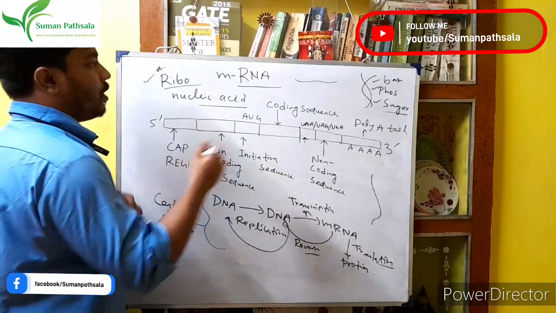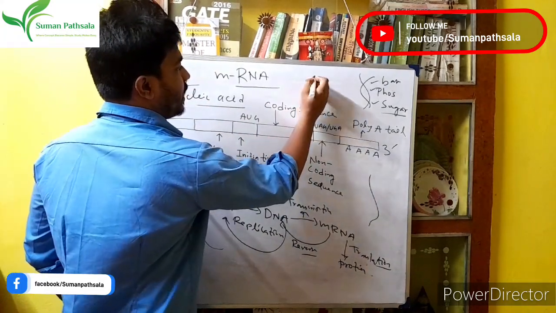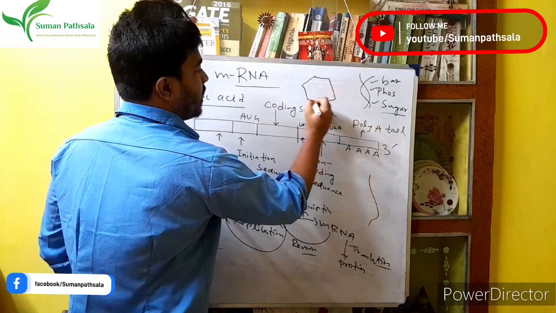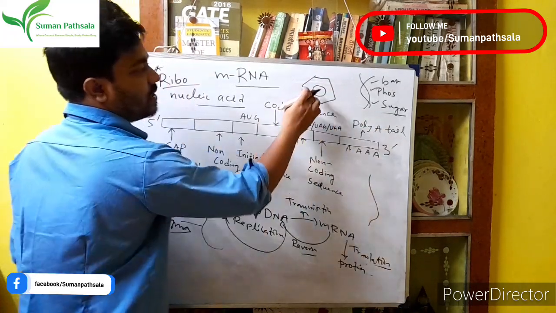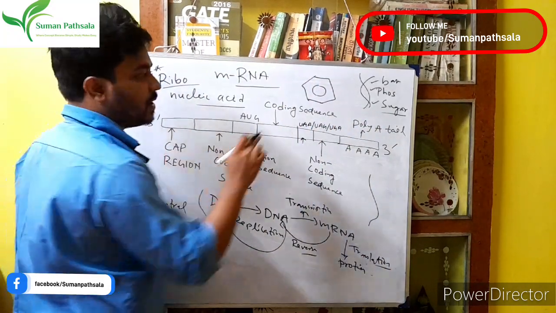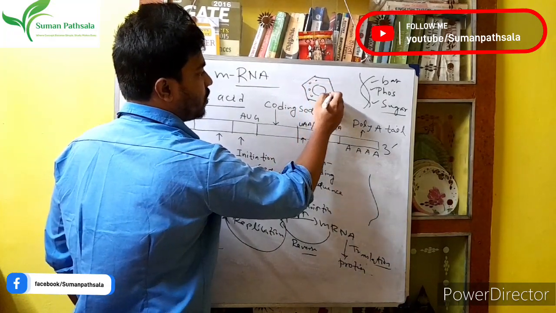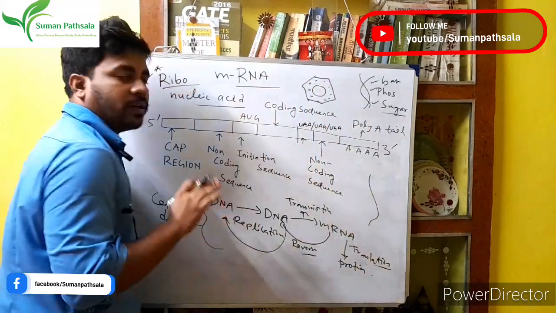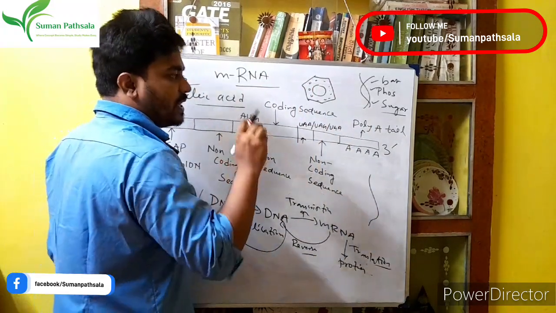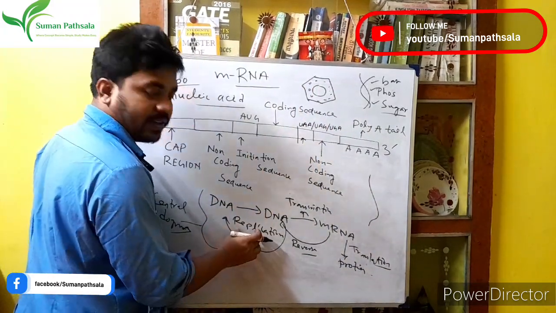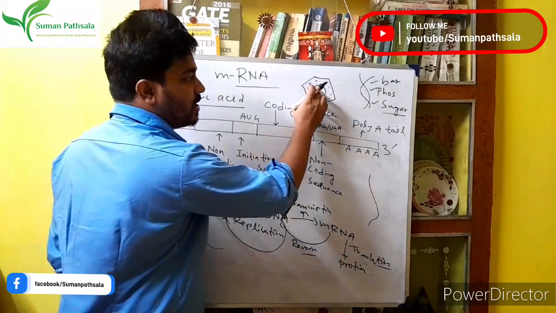So if I draw a cell, within the cell this is the nucleus. Here many other cell organelles are also present, which float within the cell. The replication process happens within the nucleus.